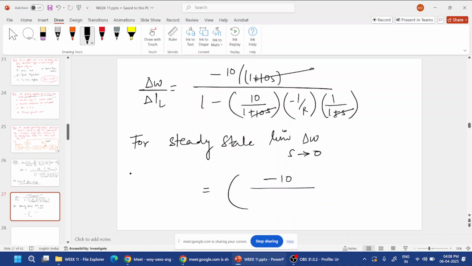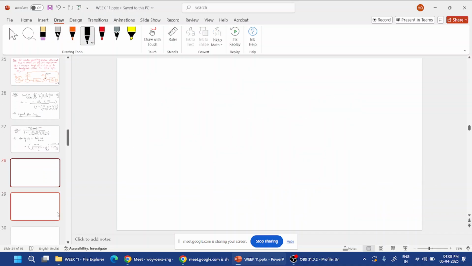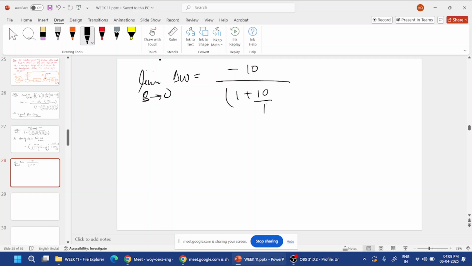So minus 10, 1 minus 10 multiplied by minus 1 by R. So it comes out to be minus 10 divided by 1 plus 10 by R, multiplied by del PL also. Okay, this is del PL. So as S tends to 0, del W comes out to be minus 10 upon 1 plus 10 by R.